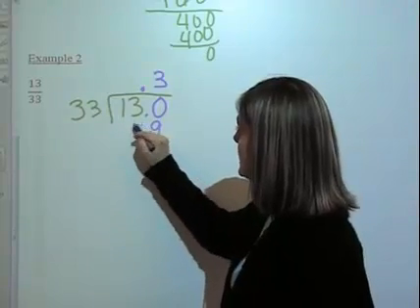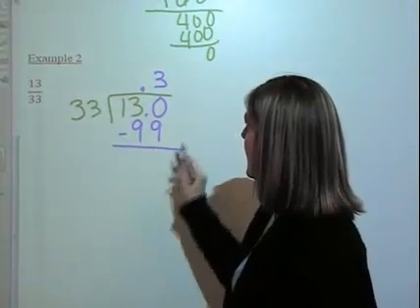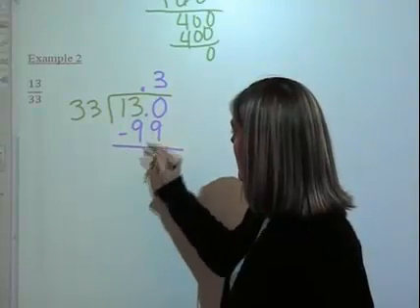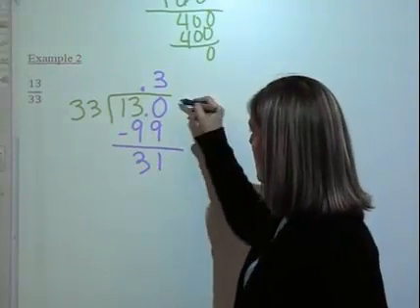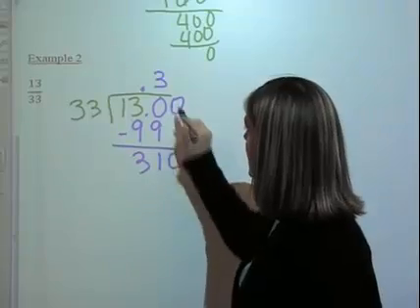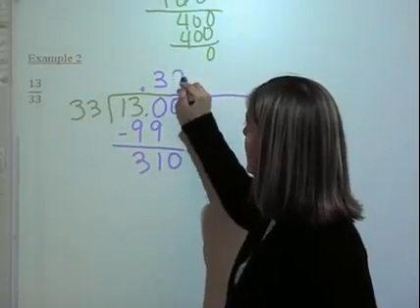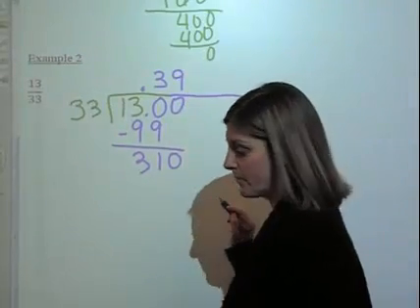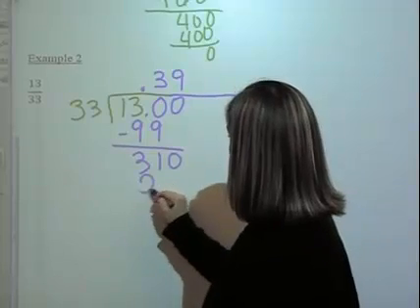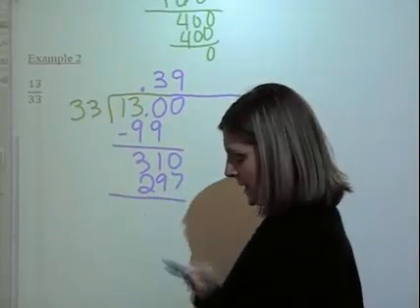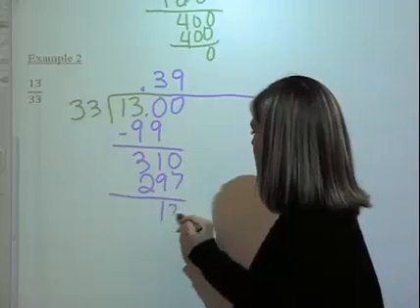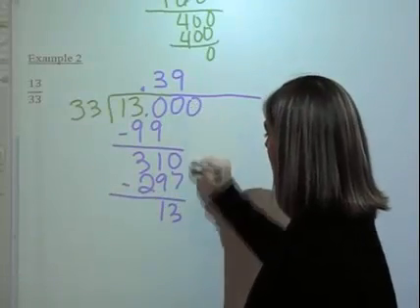And so that gives you 99. And then you subtract, and you get 31. Bring down a 0, and that will go in 9 times. And that gives you 297. And then you're left with 13. You're subtracting. Bring down your 0.